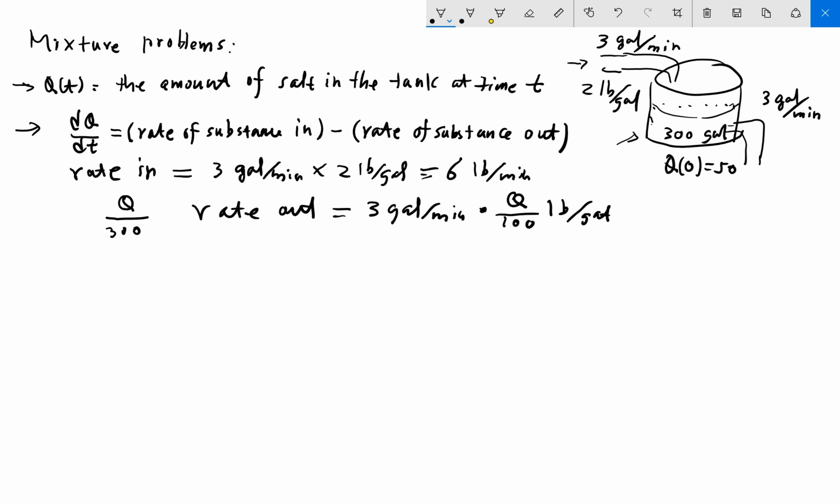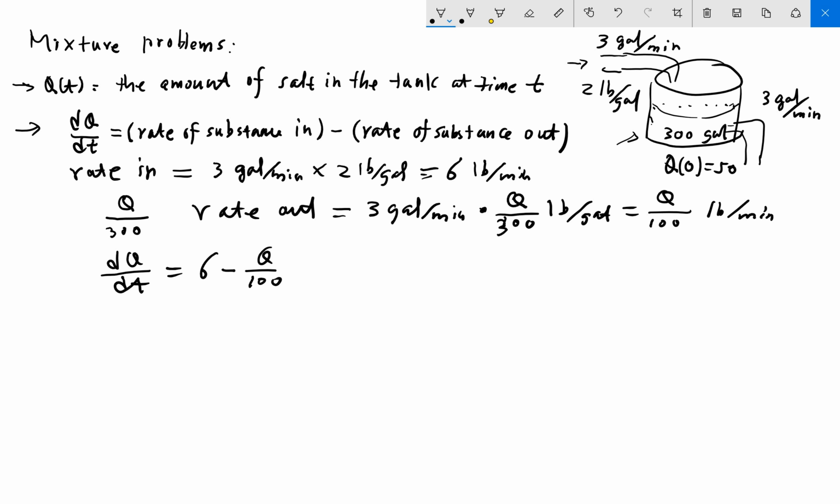Multiplying those, you get Q over 100. This is how many pounds of salt get out per minute. Finally, dQ/dt is equal to the rate in, which is 6, minus the rate out, which is Q over 100.